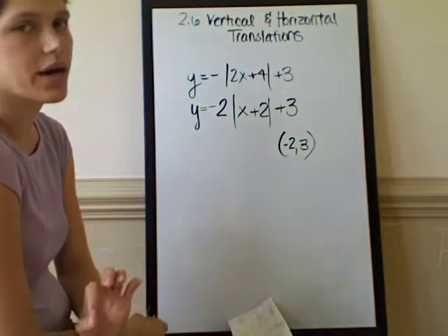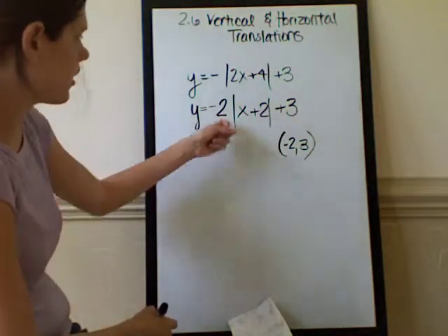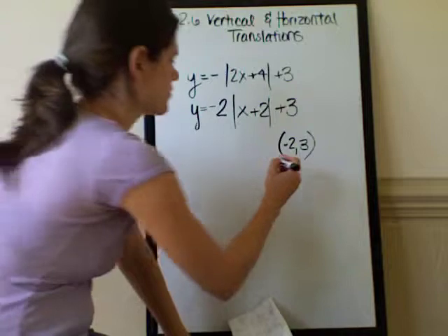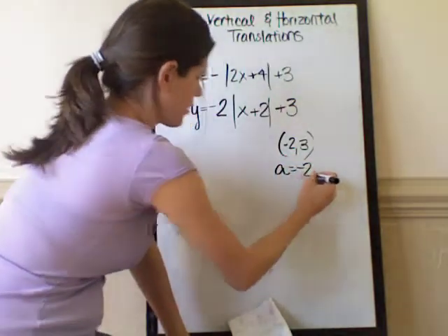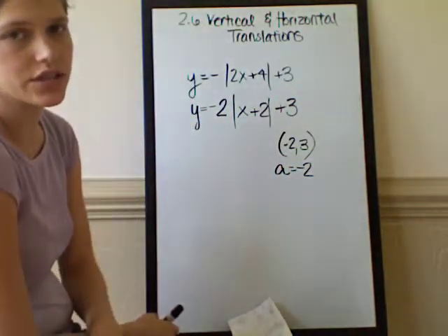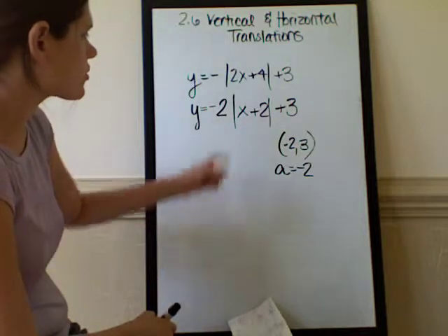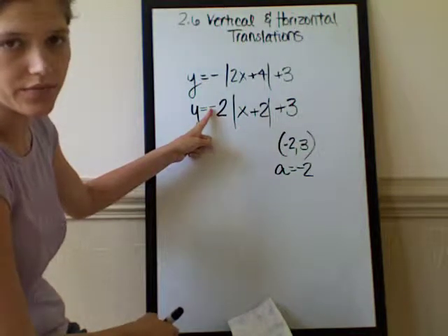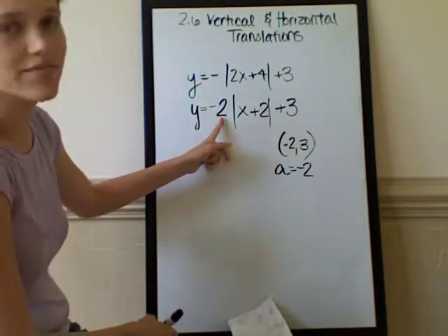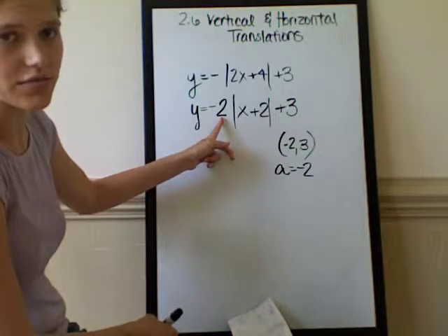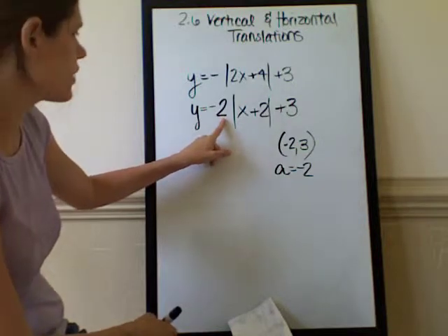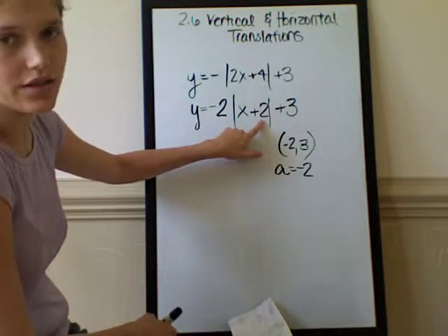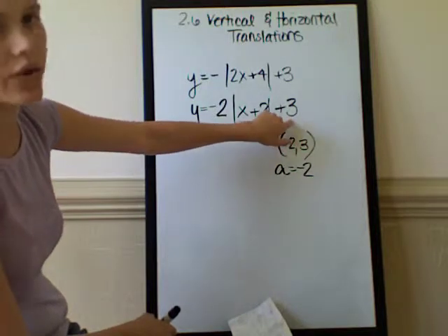And what is my slope? Well, there's a negative 2. Alright, I've got just about every translation here that I could have. First off, I'm flipping it. Next, I'm making it narrow because it's a value greater than 1. Next, I'm going left 2, and I'm going up 3.